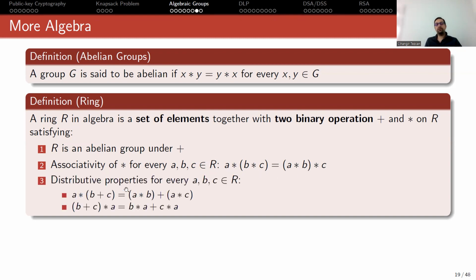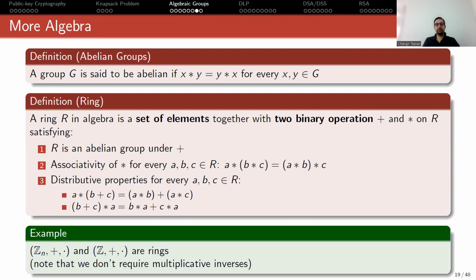Also, it should have distributive properties with respect to these two operations, like A star (B plus C), where B plus C is in parentheses, will end up with A star B plus A star C. So think about multiplication over addition. This is what we do in multiplication, right? So if you have such a set with these two binary operations satisfying these properties, then we call this set a ring under these operations, okay?